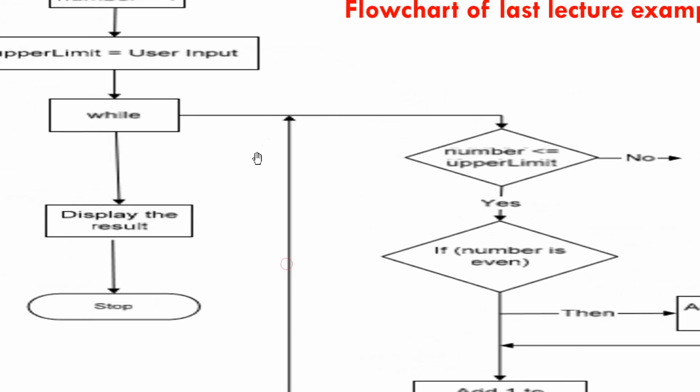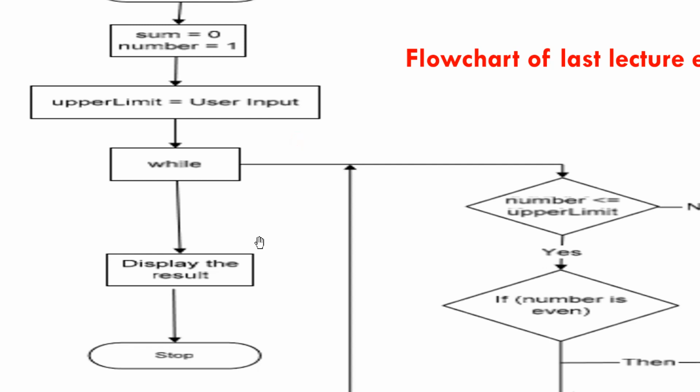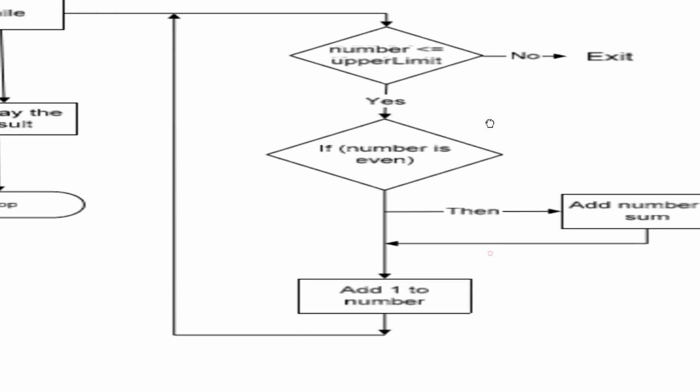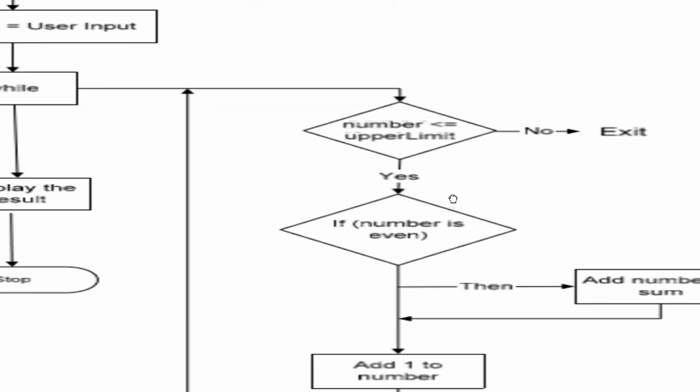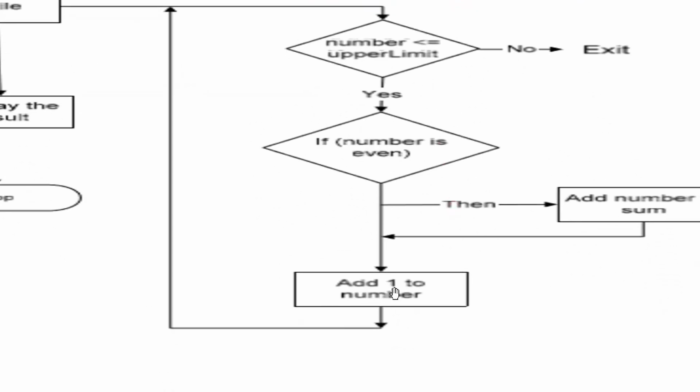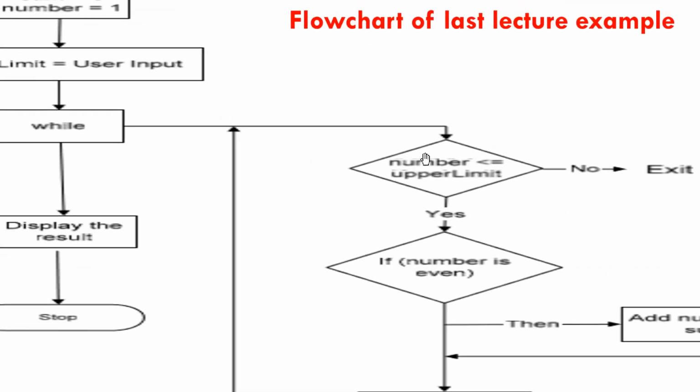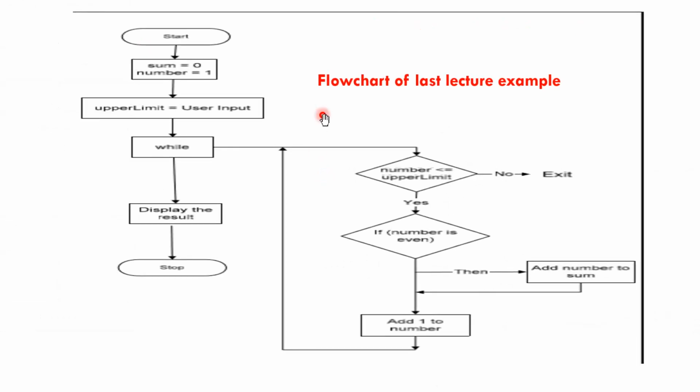It will just add 1 to the number, and the process will be repeated until the number and upper limit condition becomes false and the while loop is exited. And it is not an infinite loop, because the number is incremented by 1, and this number is used in the while condition. So at one point, of course, the condition will become false. Okay, done. This is what I wanted to talk about.